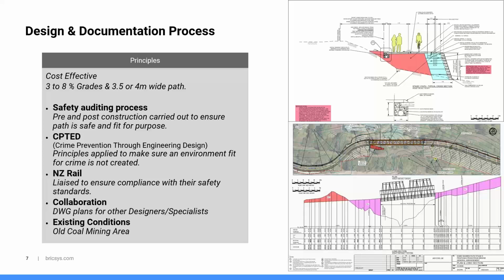So that's what the CPTED thing is all about. We make sure, as best we can, that there's passive surveillance of the track all the way along, and in places where we can't do that, CCTV monitoring is installed.